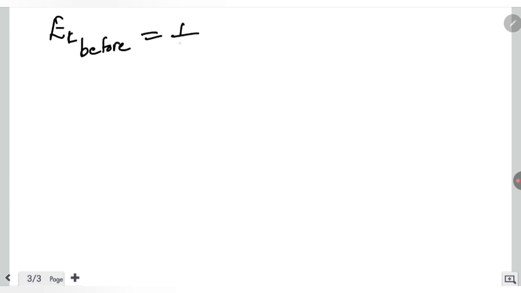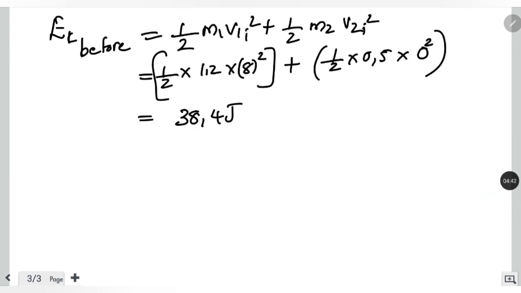So before is half m1 v1 initial squared plus half m2 v2 initial squared. Then let's calculate. I used the initial velocity of trolley X and trolley Y. This one is 0, but we still substitute to show the substitution. So the answer is 38.4 joules.